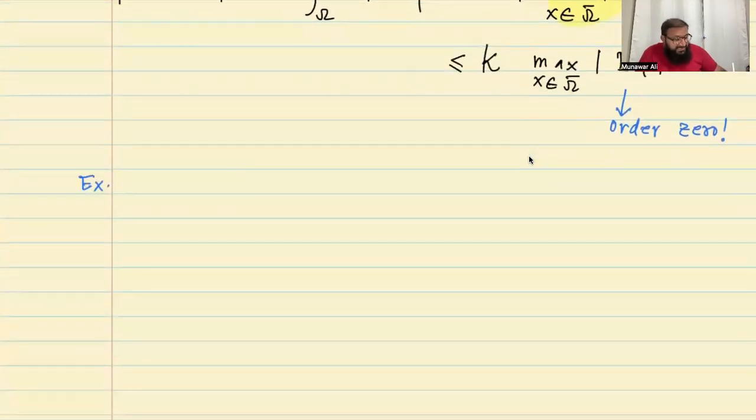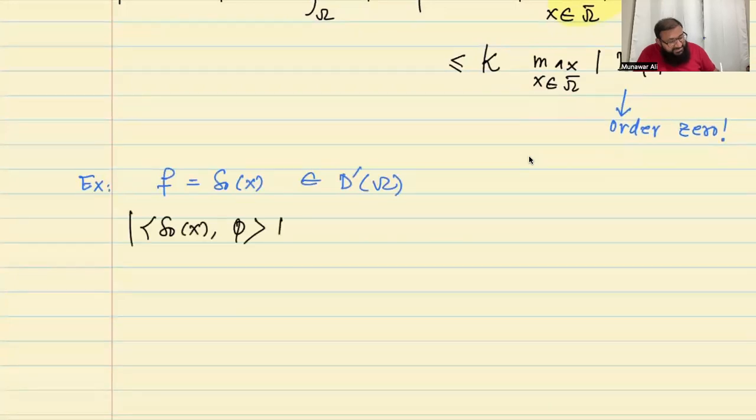The second example that I have is f is a delta function, and you know very well this belongs to the space D prime of omega. And now what can I do? This delta naught operator, my function f operated on phi, is equal to phi of 0.